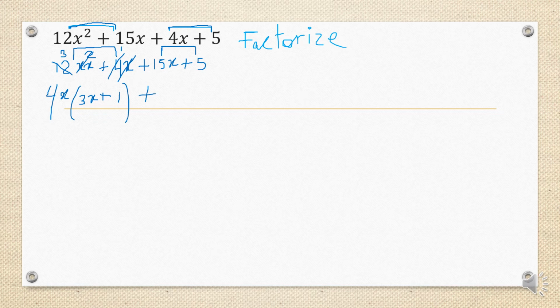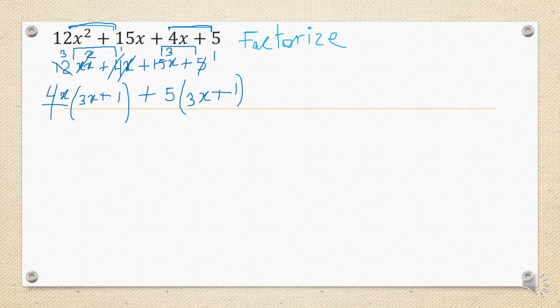Plus 5 into 5, 1, and 5 can go into 15 3 times. So what number did I use to factorize? 5. So the 5 comes outside. Are there any more common terms? X on this side, x on this side? Nope. So I'm going to put what remains in brackets. 3x plus 1. Again, what's the final step?